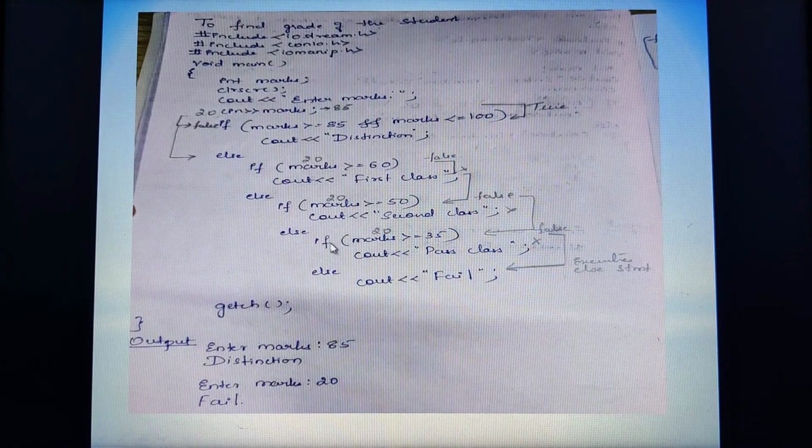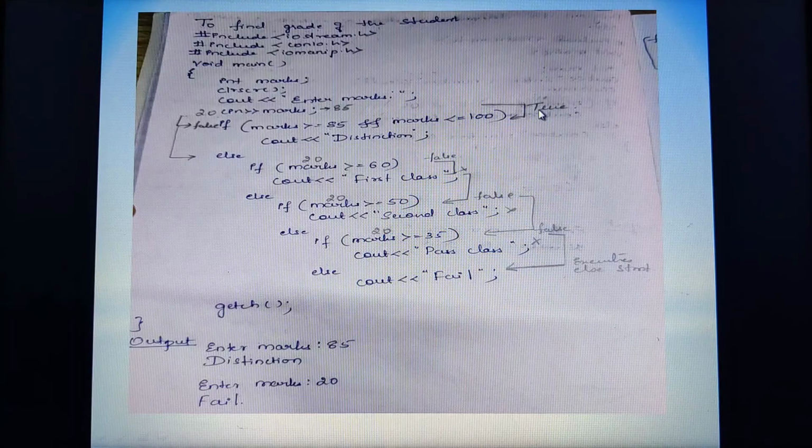So where should it go? It should go to the else part, that is the false part of this particular if condition. When it comes to the false part, there is a default statement, cout fail. We are not checking any condition, so there is a default statement to print fail. Therefore, when you enter 20, I will get the output as fail.